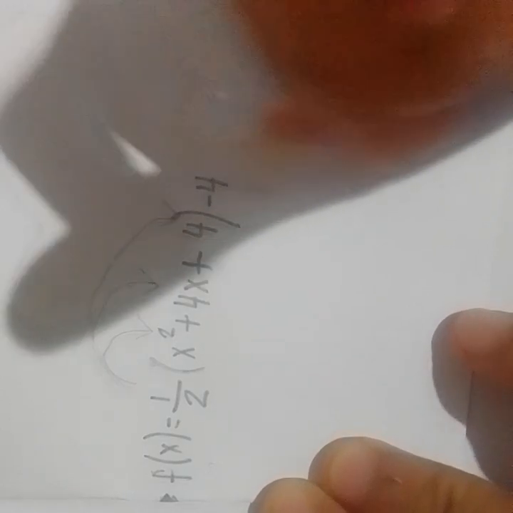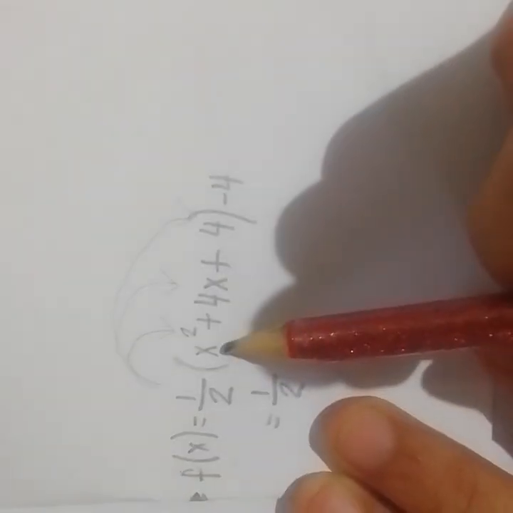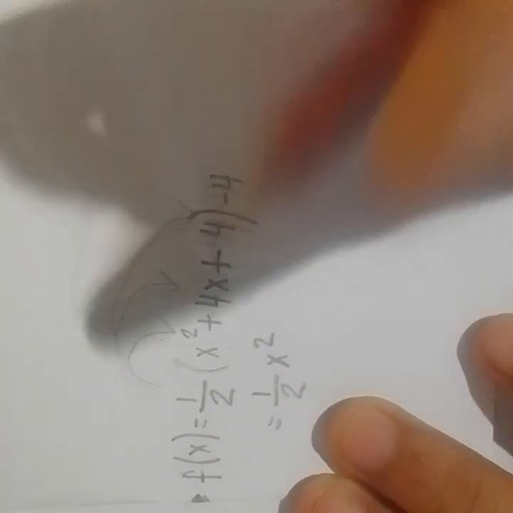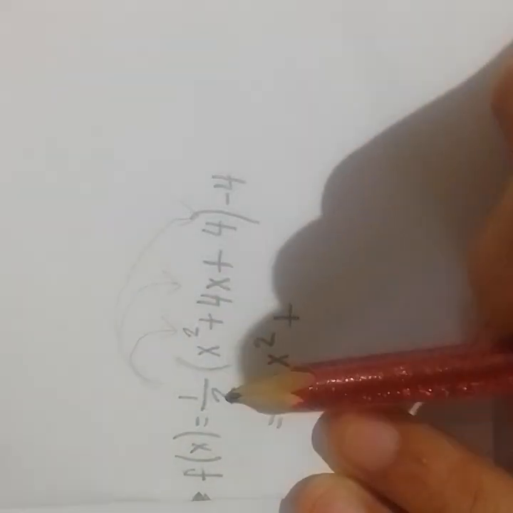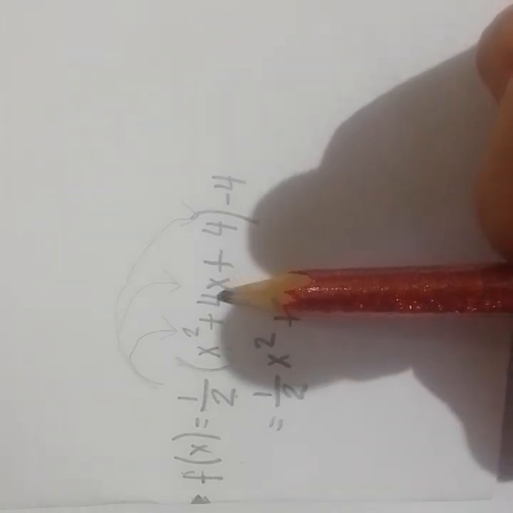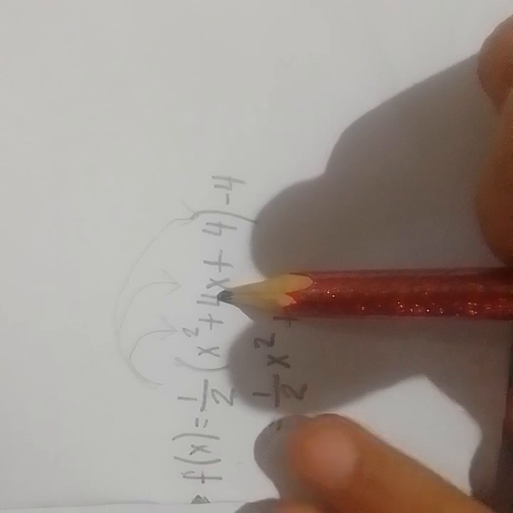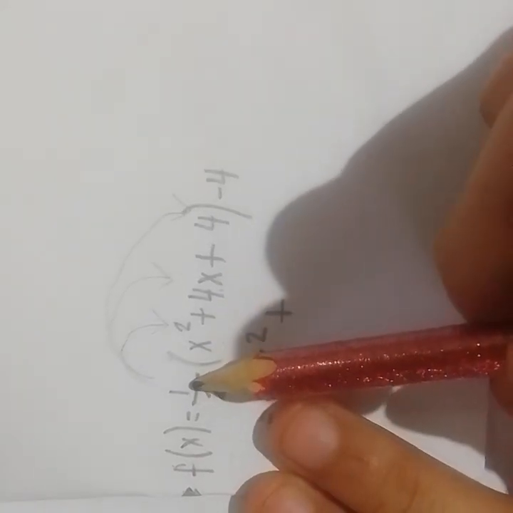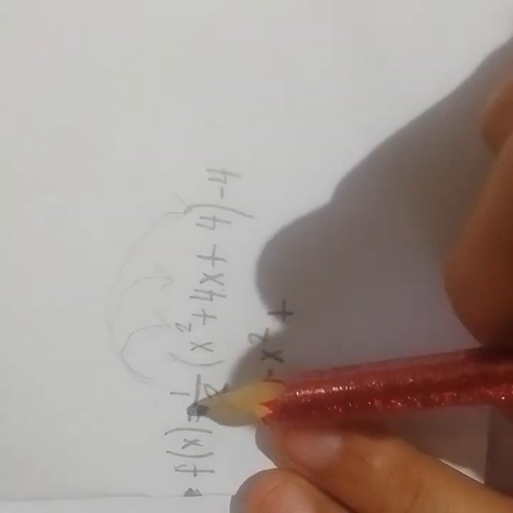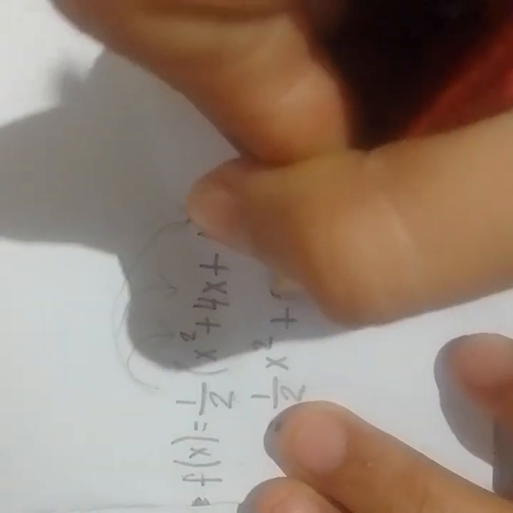Applying again the distributive property of multiplication, meron na siyang 1/2 times x squared. The first term of the trinomial is 1/2 x squared. Next, the sign, positive times positive is positive. 1/2 times 4, again, mag-times or mag-multiply ka of fraction and whole number. Ang whole number times rin mo sa numerator and then divide sa denominator. So, 4 times 1 is 4. 4 divided by 2 is 2.